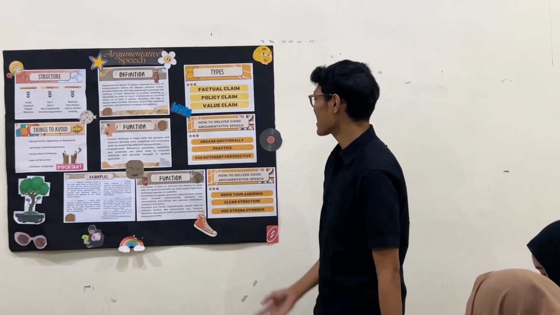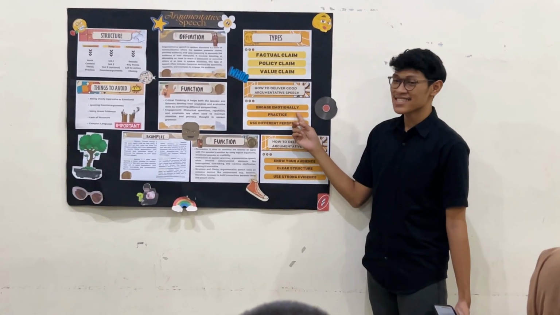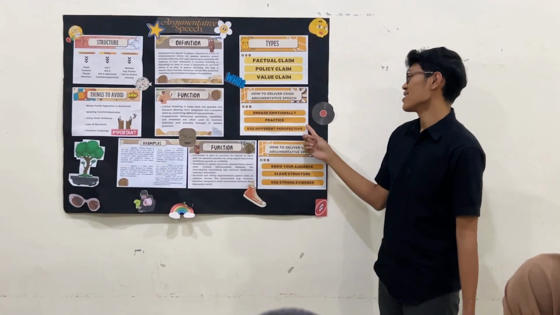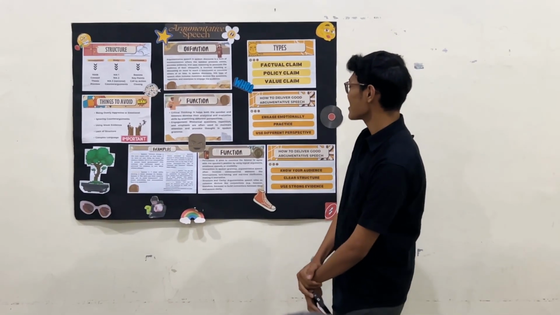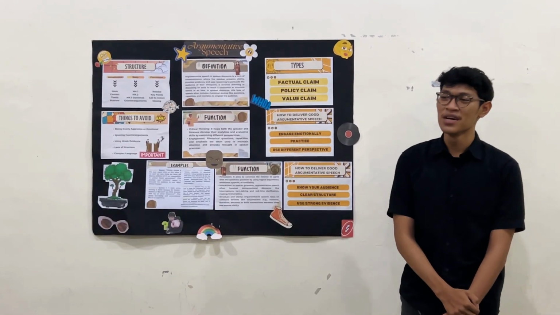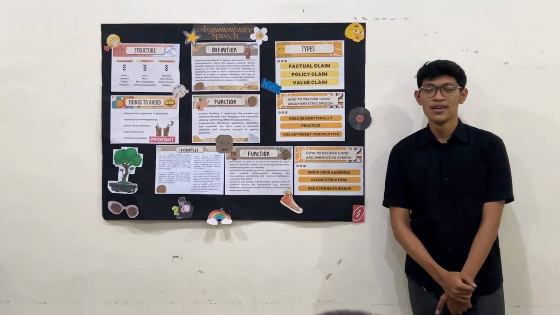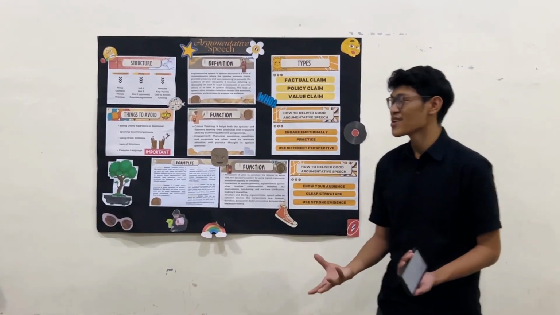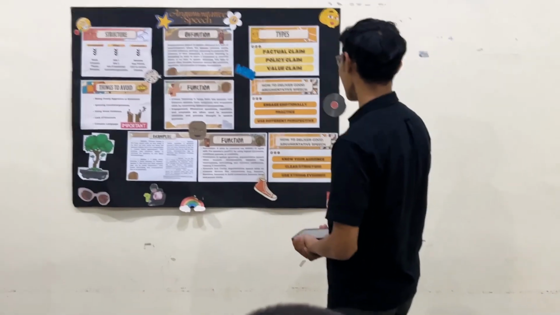And practice is to make sure you deliver a good speech. As the wise man said, practice makes perfect. So you can practice to maintain your eye contact and your articulation, so your argumentative speech is good.